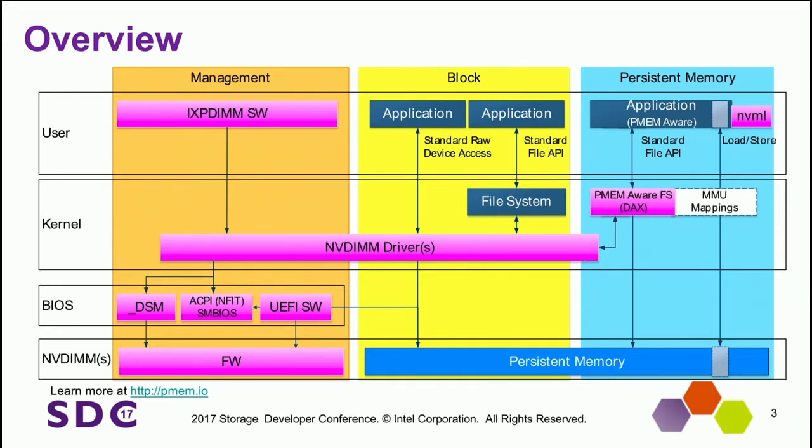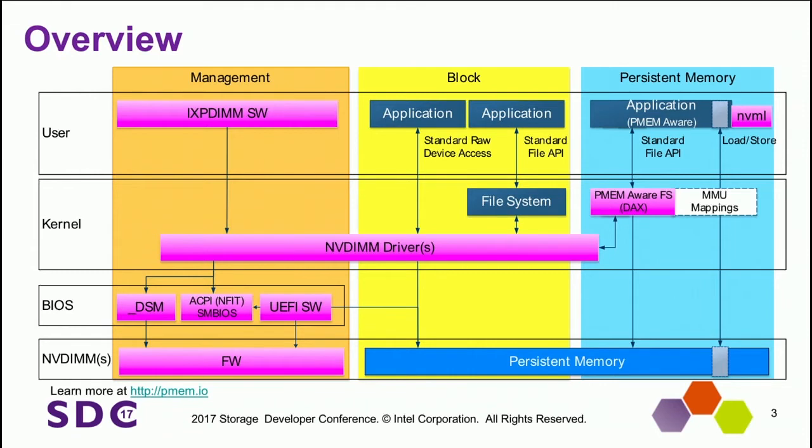The more interesting usage, however, is on the right, where persistent memory is mapped into the system physical address space. And a PM-aware file system allows applications to open a file and memory map it, giving applications direct load store access to a mapped area of persistent memory from user space.